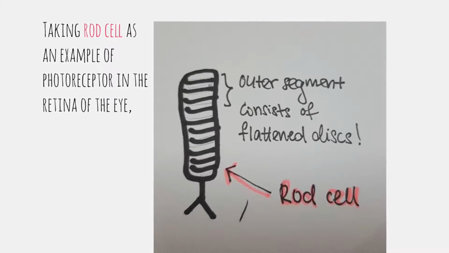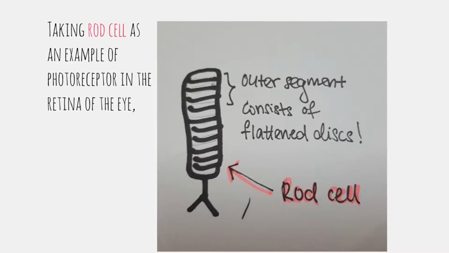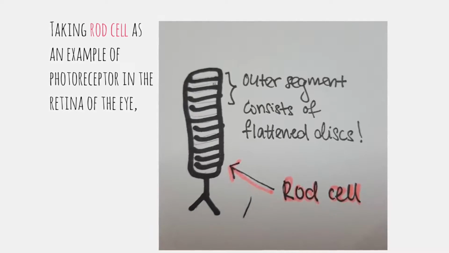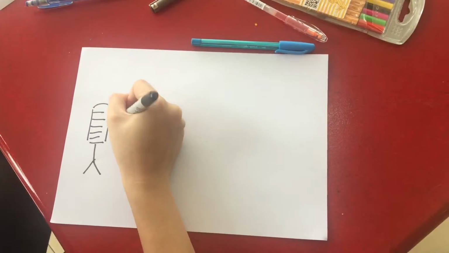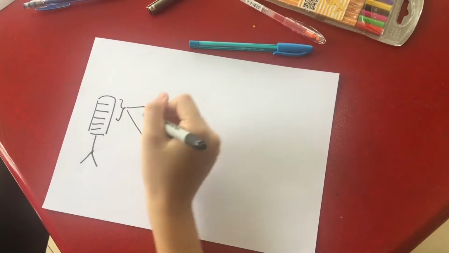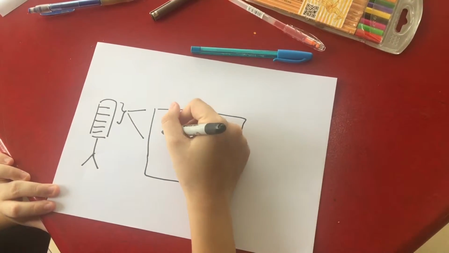Let's take a rod cell as an example. The rod cell consists of flattened discs. Let's take a closer look at the rod cells.